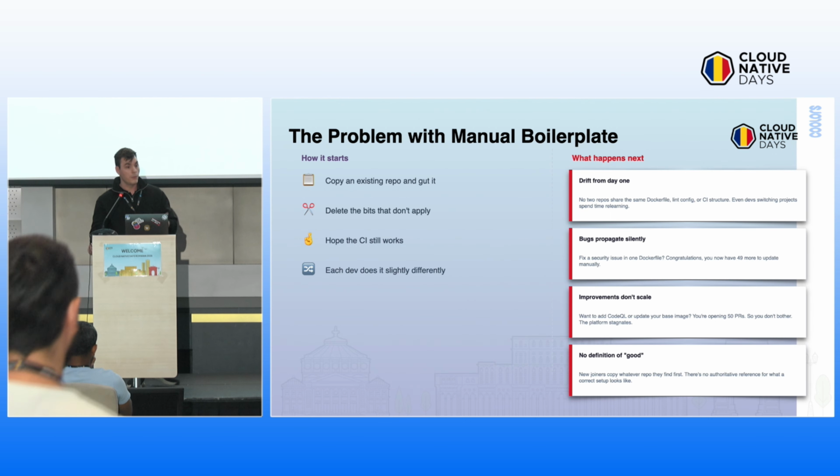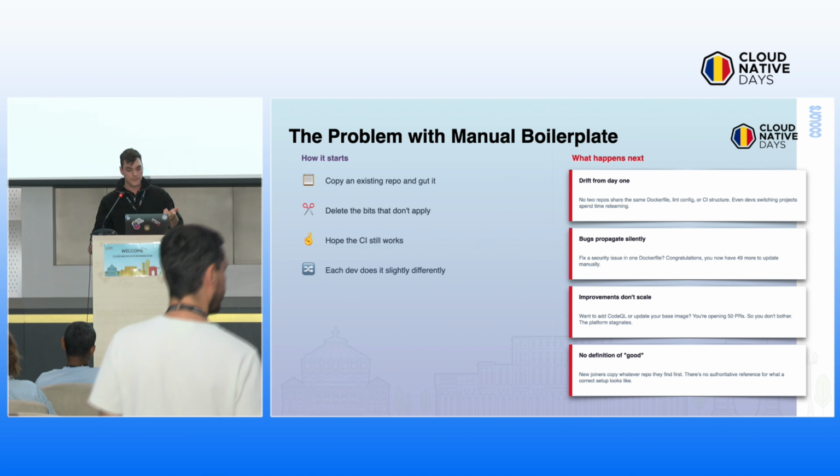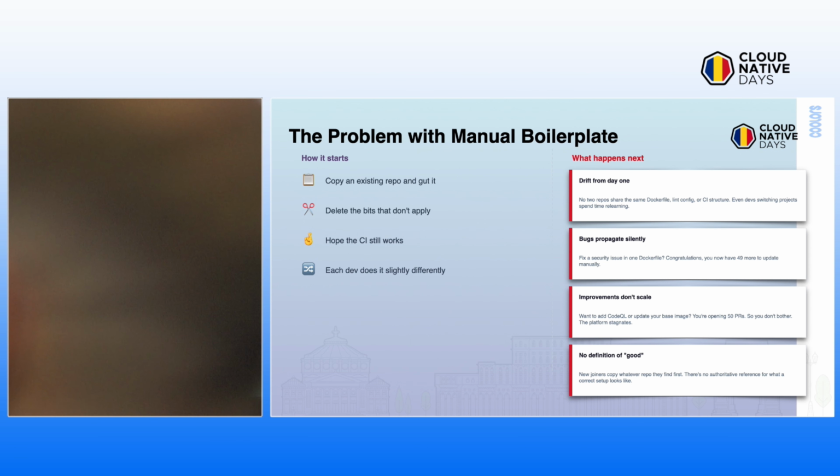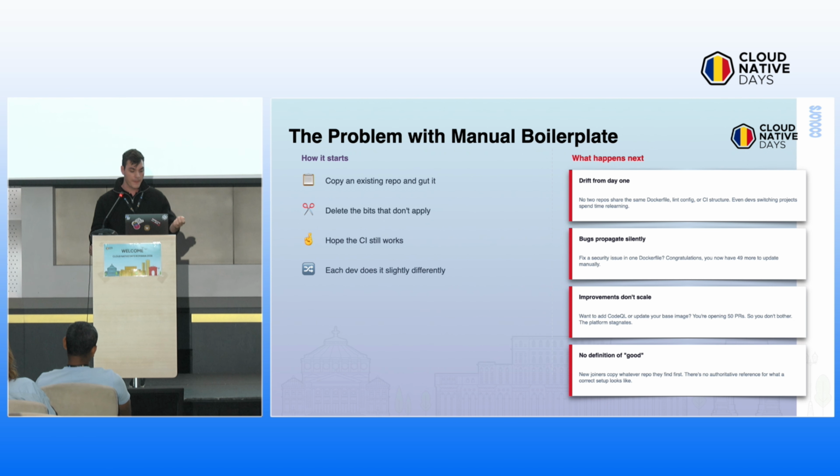The problem with setting that up manually is that generally speaking, how it starts, let me know if it goes differently in your organization, but in my team, we had one project which was generally deemed in the team to be probably the best one by far in terms of the boilerplate around it. Somebody will copy it, gut it of everything, or almost everything that is not relevant to them, delete the parts that don't apply, hope that CI will probably work, and it didn't have anything specific to that application, but then each dev does it slightly differently.